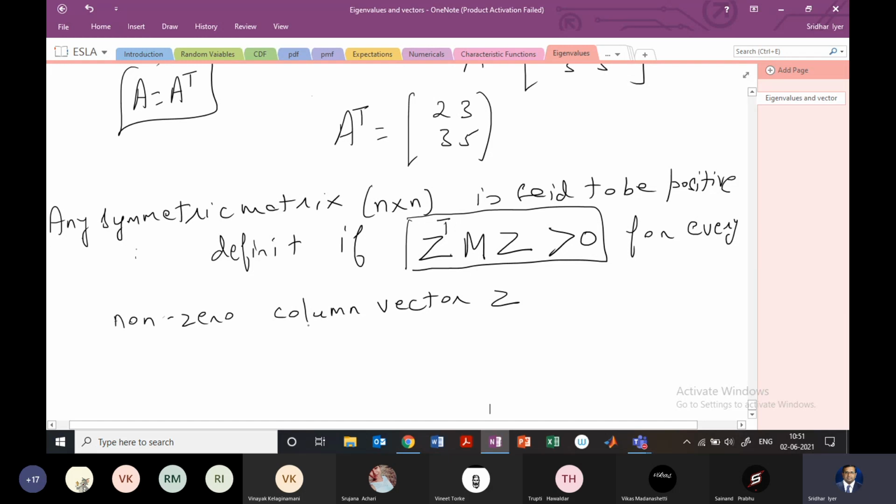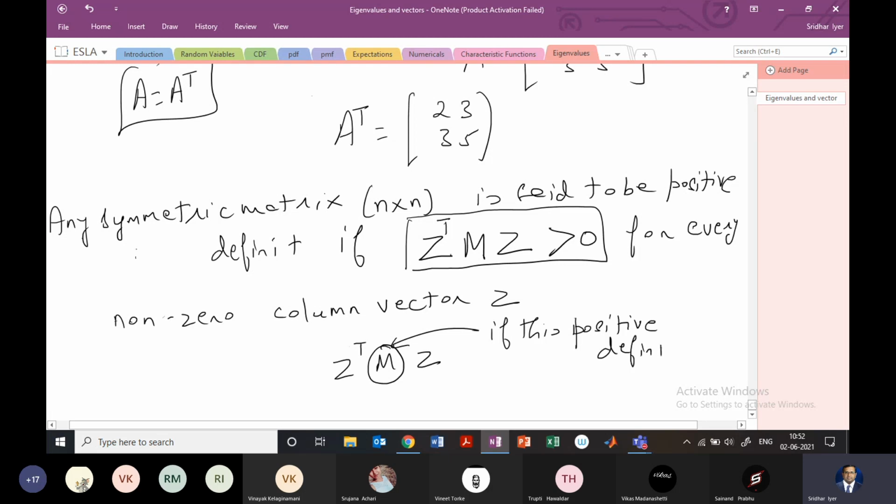So z will be given to us, M will be given to us. So all we have to do is find that multiplication and see if it is greater than 0. If it is greater than 0, then we can say that it is a positive definite matrix, right? So in this z transpose Mz, this M needs to be seen if it is positive definite or not.